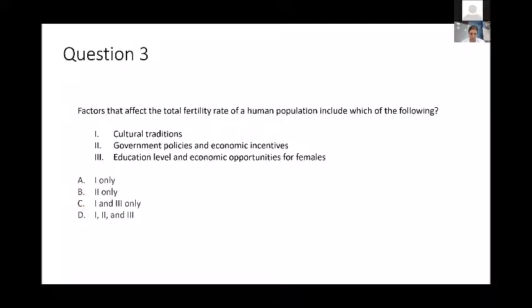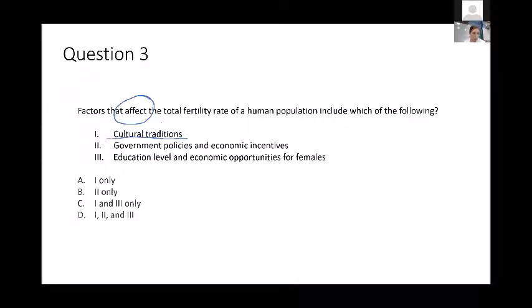Factors that affect the total fertility rate of a human population include which of the following? Cultural traditions, government policies and economic incentives, educational level, and economic opportunities for females. So we're just looking at factors that affect the total fertility rate. Could make it go up, could make it go down. So let's consider those cultural traditions. If you have a culturally high value for large families, people would have more children.